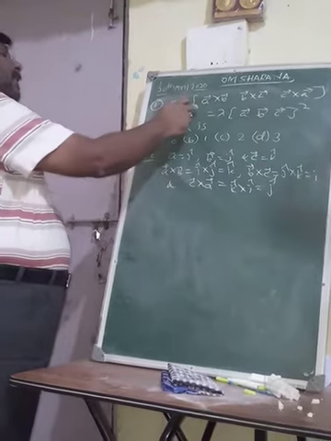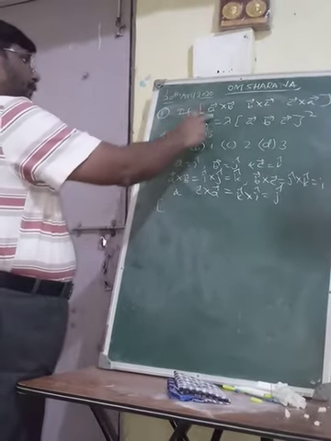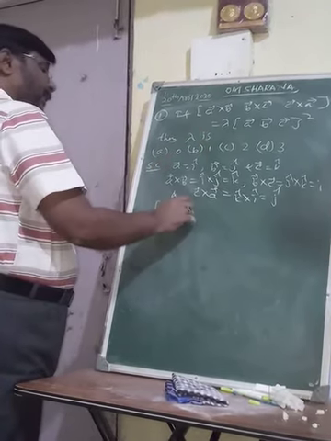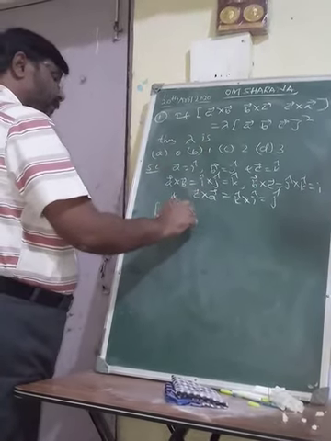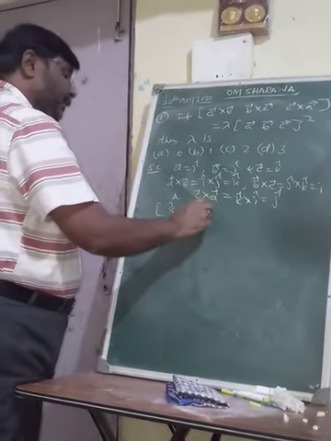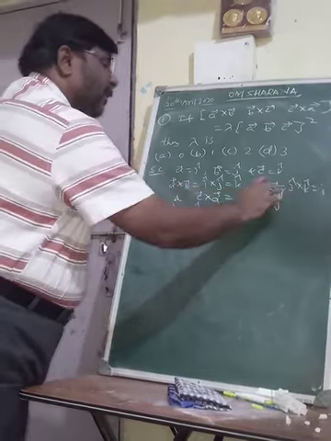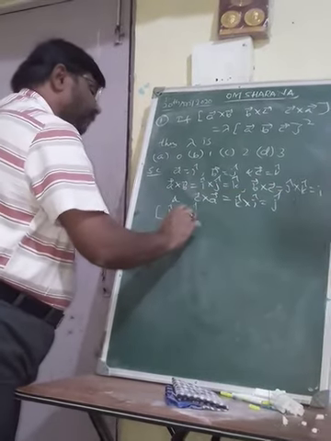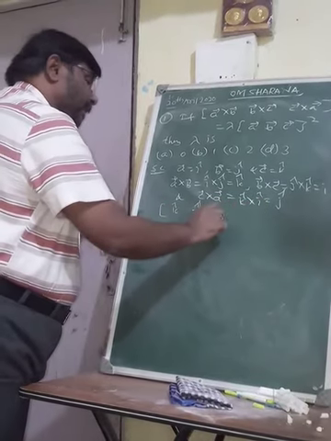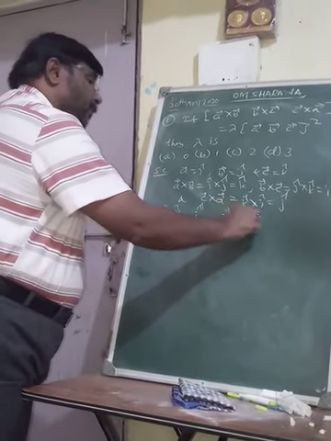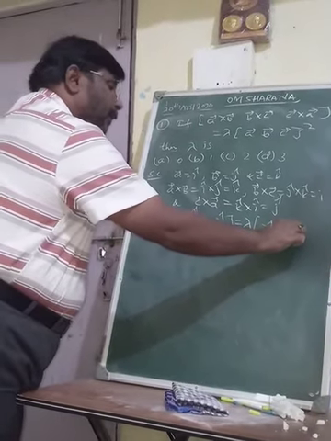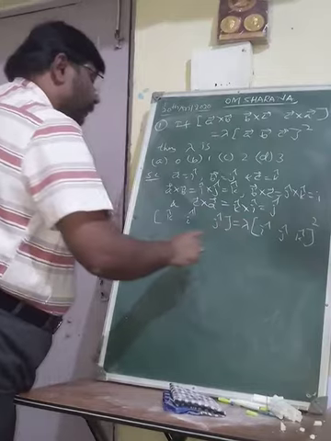So I substitute in the given condition. This is the box. a cross b is k cap, b cross c is i cap, and c cross a is j cap, equal to lambda times box i cap, j cap, k cap whole square.